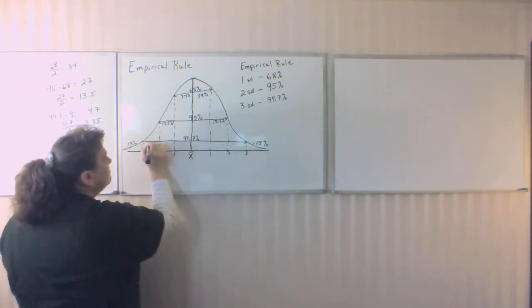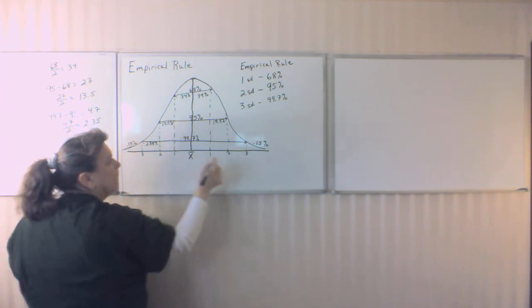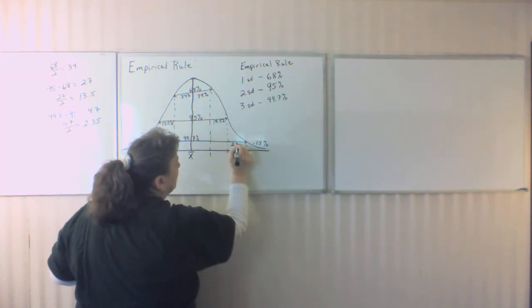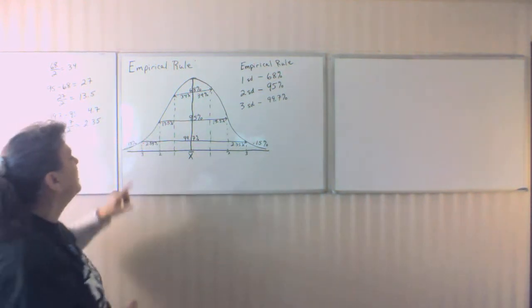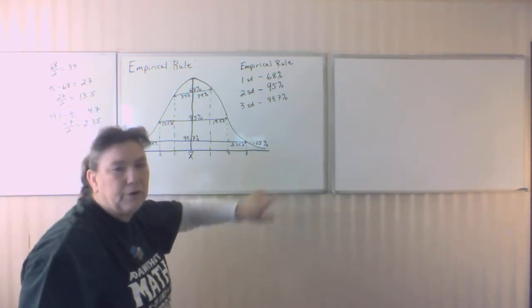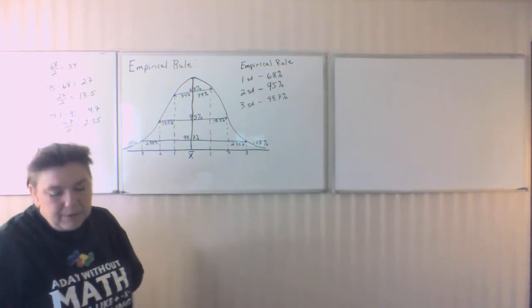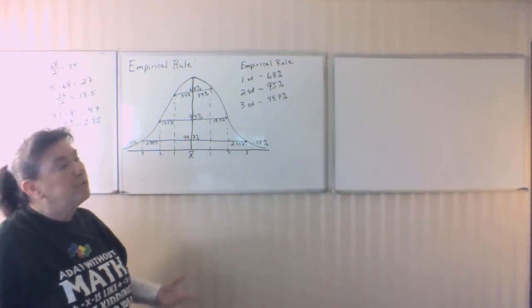Therefore, this piece in here is 2.35% from here to here, and 2.35% from here to here. So we have now broken out each little piece of this particular empirical rule, or the normal curve, and have applied the empirical rule to it.